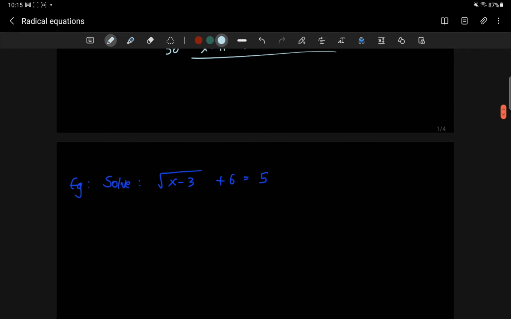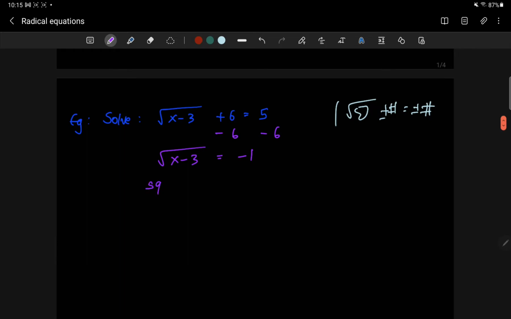Let's look at this. This is also the same type, right? With a slight modification. So it's square root of something plus a number equals another number. Here, prior to squaring, you just have to convert it to what it looked like before. So I subtract and I get square root of x minus 3 equals negative 1. And now I square both sides.